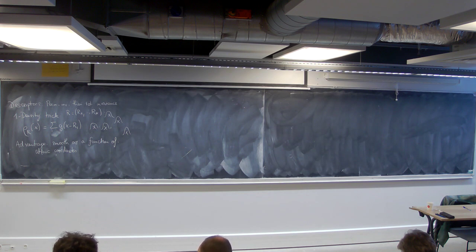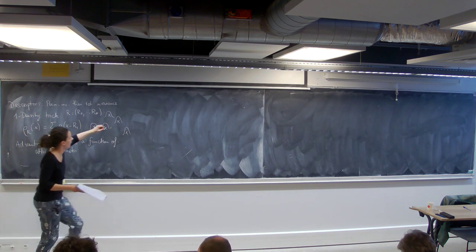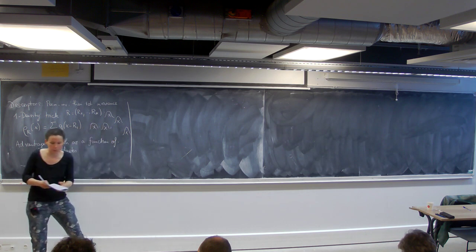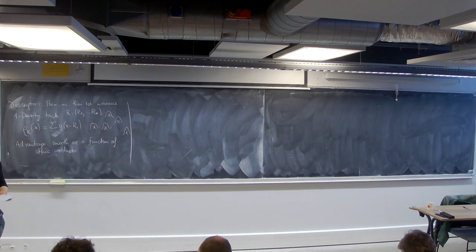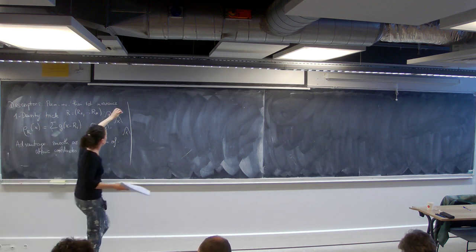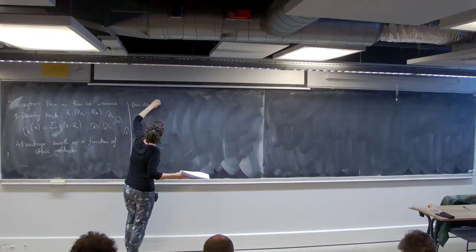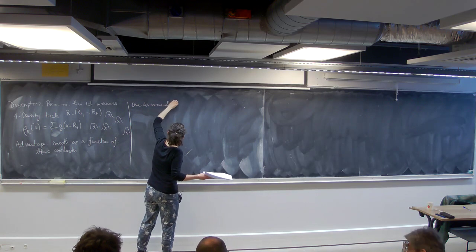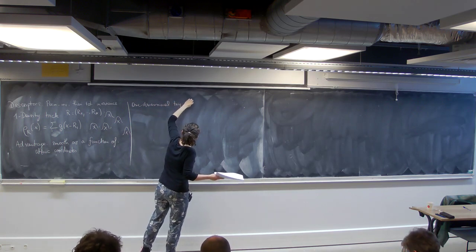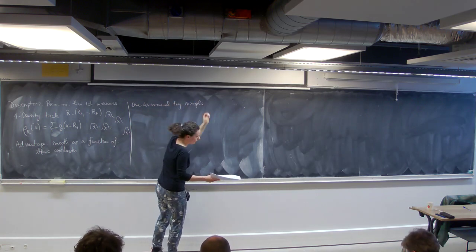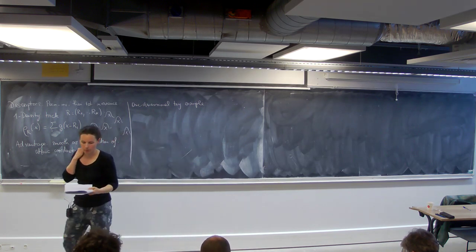Okay, and I will try to explain why it can be useful to consider such a density. I will consider a 1D toy example where I will go back to the polynomials.